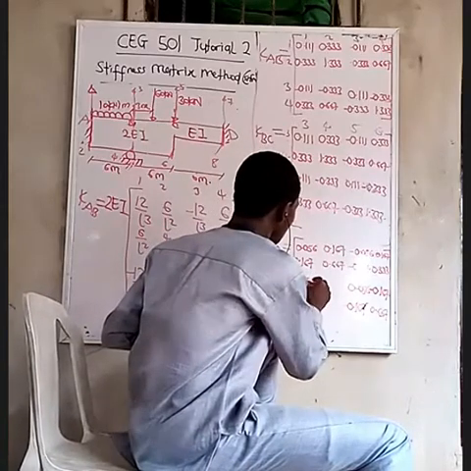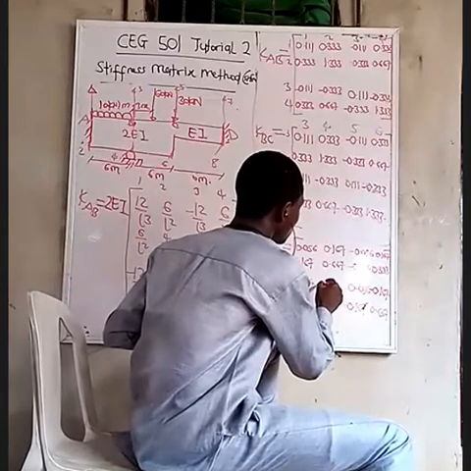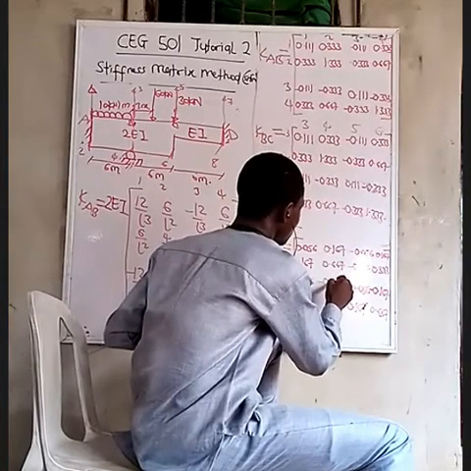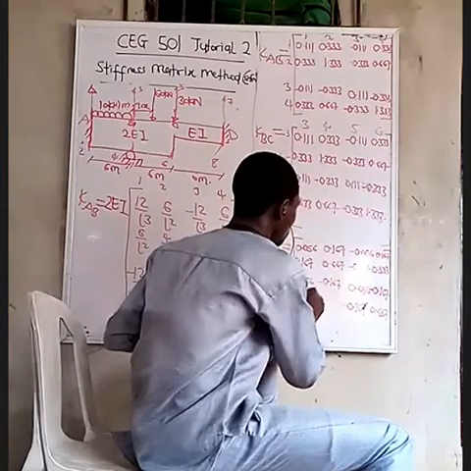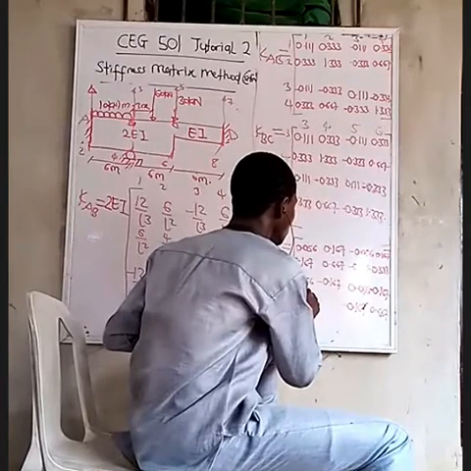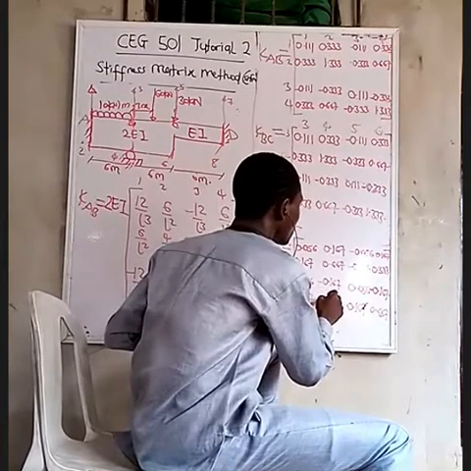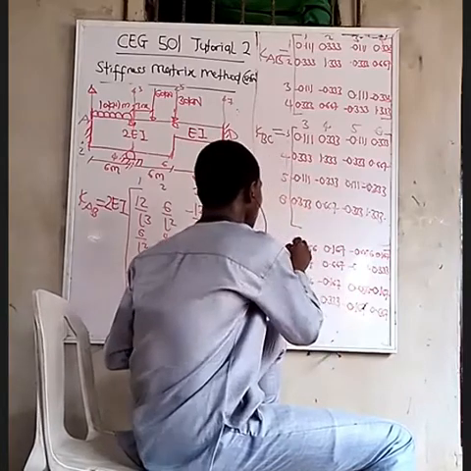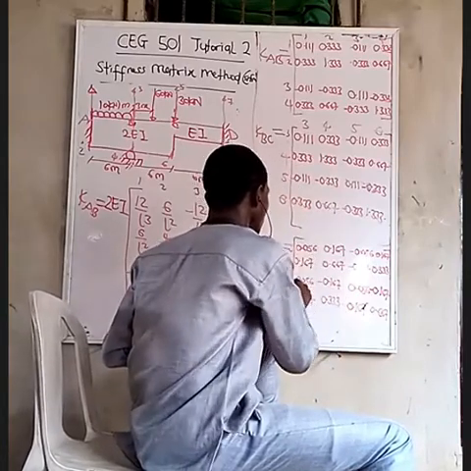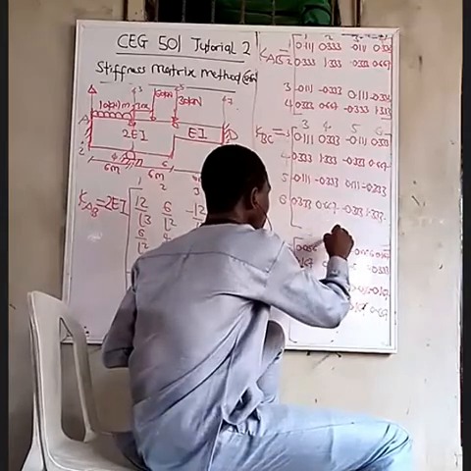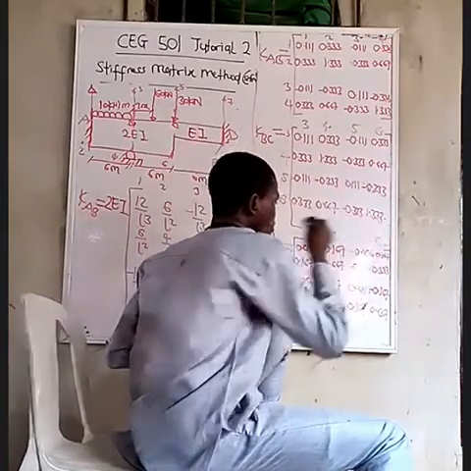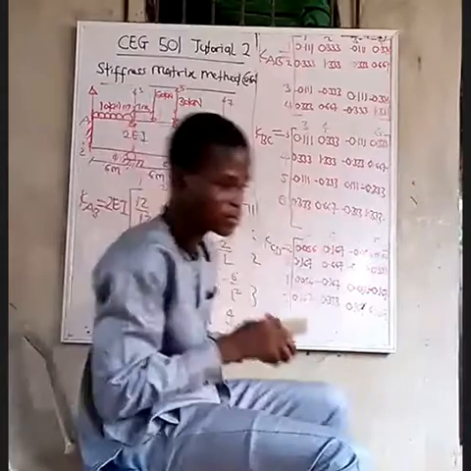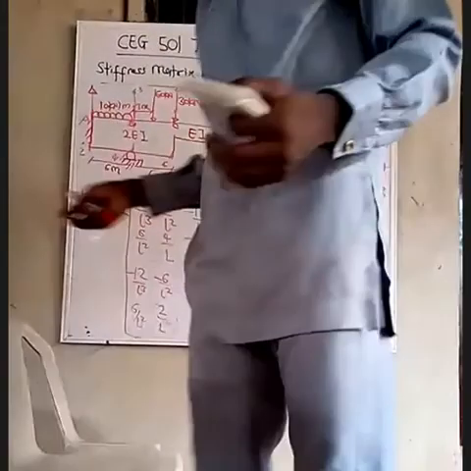So minus 0.056, minus 0.167, then 0.167, and 0.333. So we have 5, 6, 7, 8, 5, 6, 7, 8.